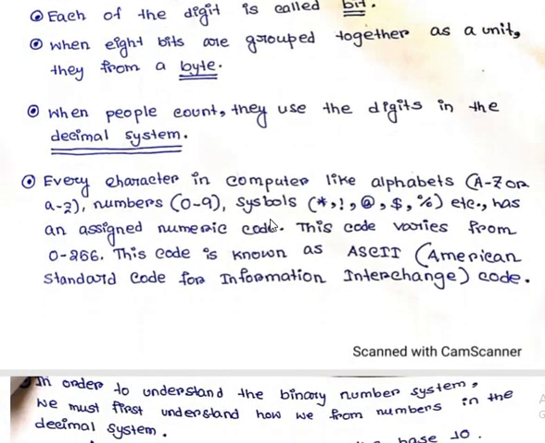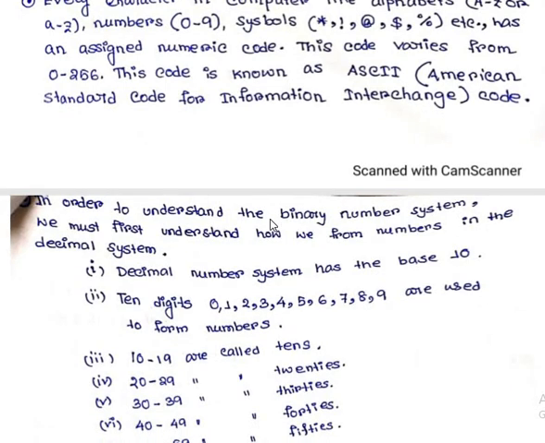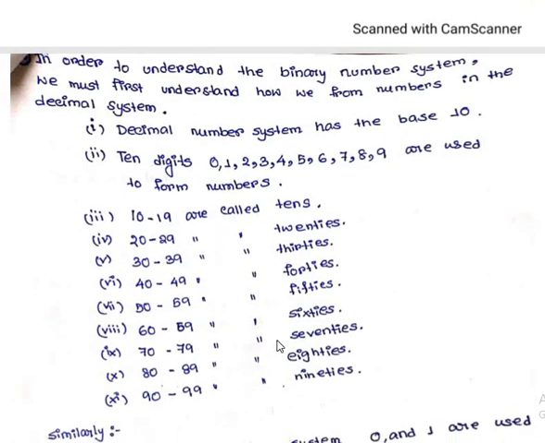Now as we have discussed, our machine understands only the binary system and we understand only decimal numbers. So how can we form a decimal number? We know that 10 to 19 are called the tens range, 20 to 29 are called the 20s, 30 to 39 are called the 30s, 40 to 49 are called the 40s, and in that way 90 to 99 are called the 90s.